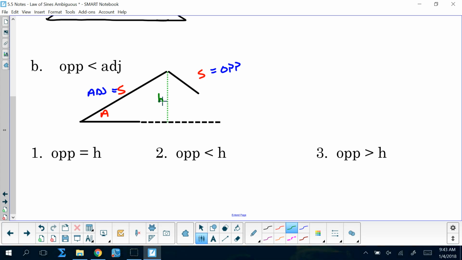Okay? So there's three possible scenarios here. The first scenario is if that opposite side is equal to my height. If this opposite side here is equal to my height, then it swings down here and it creates one right triangle.